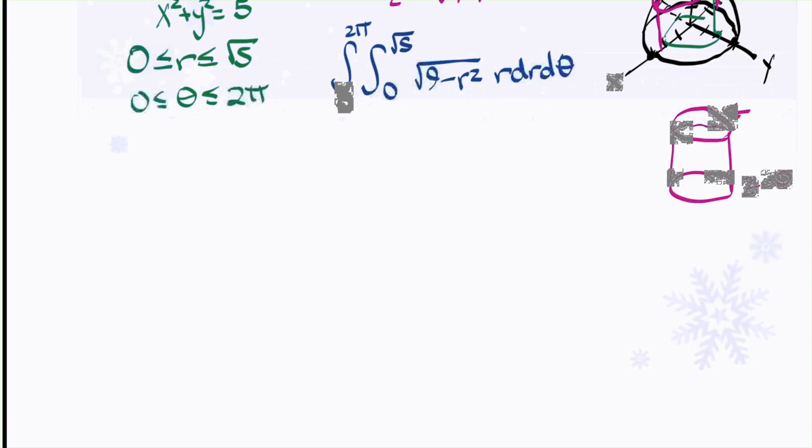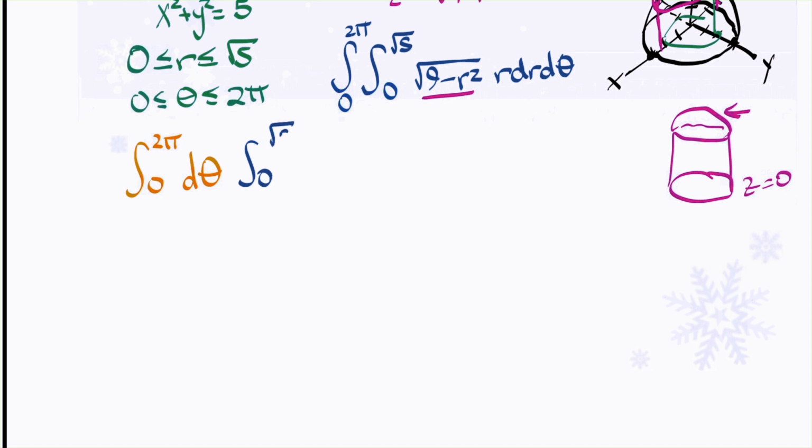If my u here is 9 minus r squared, ooh, I can separate this. Sorry, very excited to do that. Let me just separate it out. I'll put my 0 to 2 pi d theta right there. And then let's just do the r's. 0 to radical 5. I'm going to put the r out front, r square root 9 minus r squared dr. And if I call the inside of this u, I almost have a du, if we think of integrating by substitution.